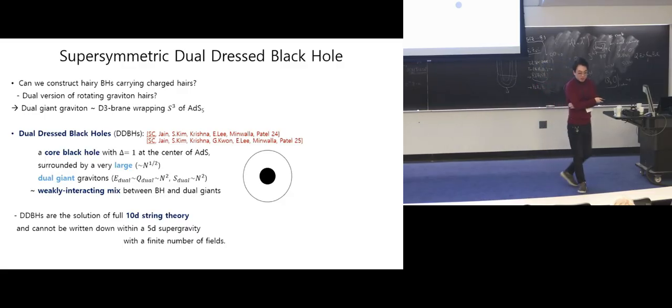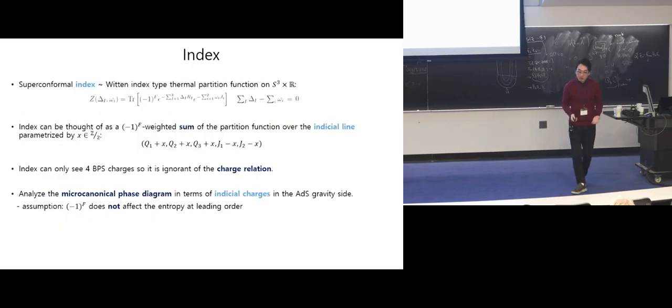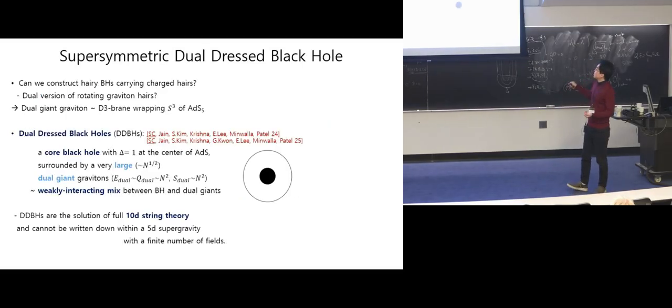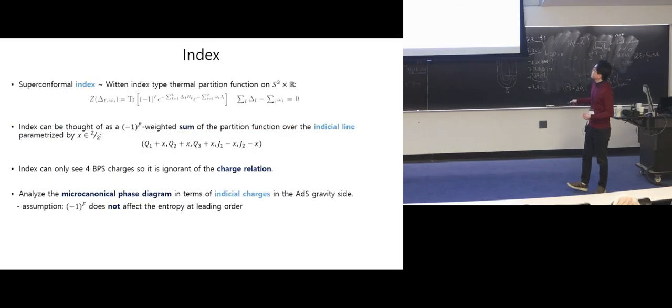It is very difficult to answer from the gravity side, since we don't know all the perturbative corrections to the gravity solution. So we go back to the field theory side and study the index, to see whether the index can capture this kind of hairy black hole geometry.